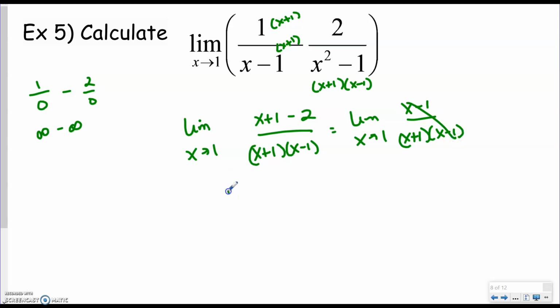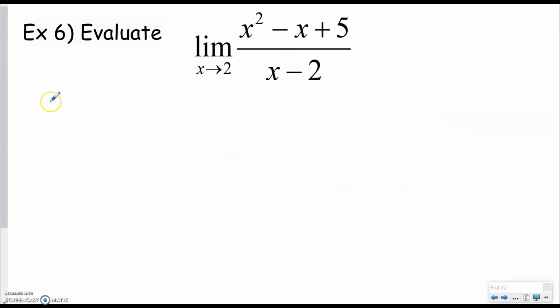Those cancel. So now I have the limit as x approaches 1 of 1 over x plus 1, which is 1 over 2. I hope you're seeing now very clearly why we wanted you to review your algebra skills this summer.